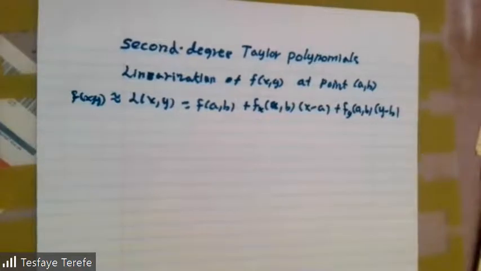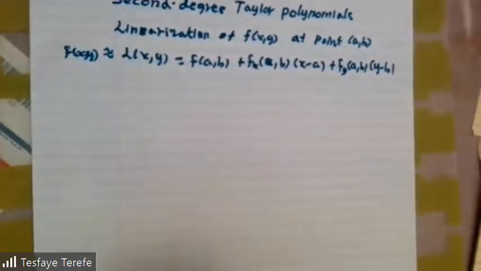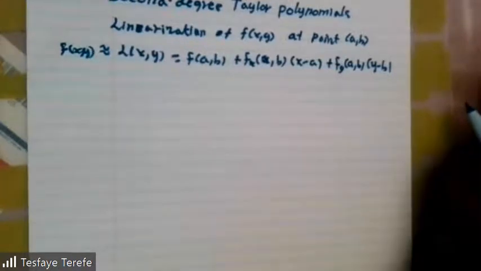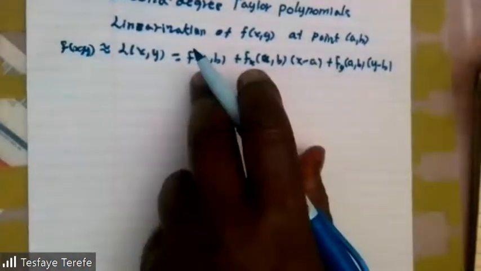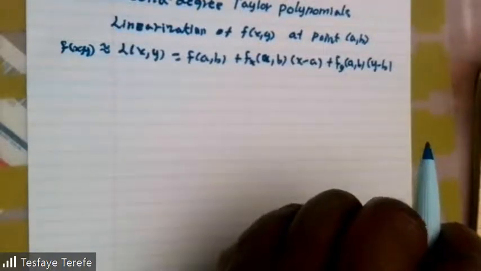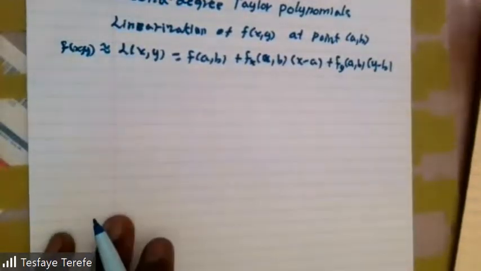This was linearization. When you zoom in on the graph of the function, it will nearly match the tangent plane.